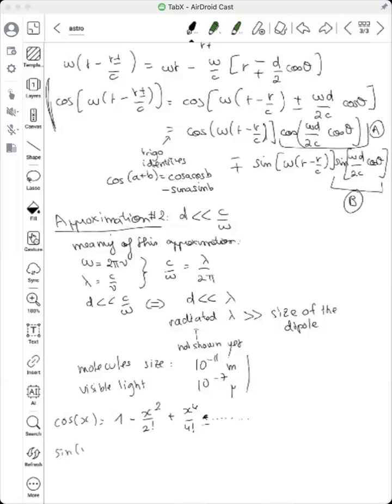And sinus x, do you remember the development for the sine? When x is small, sine is actually close to x, right? So these are the first terms of the development.